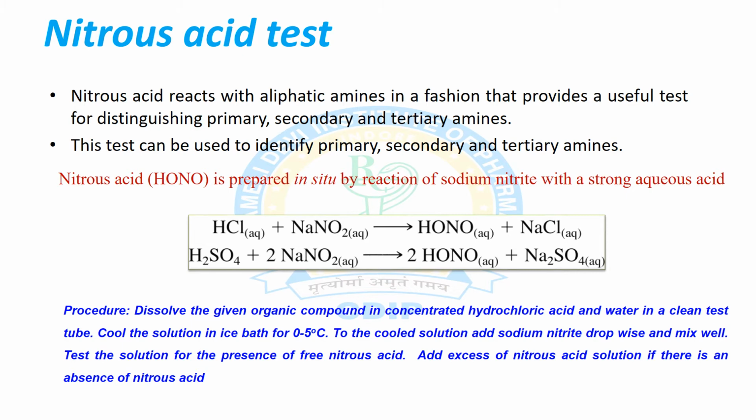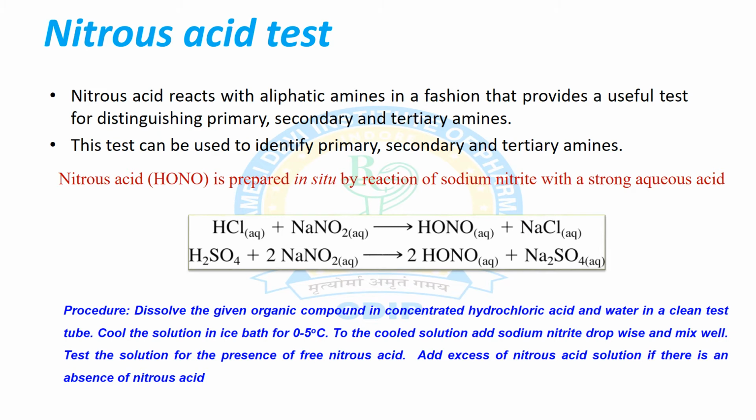So here in the procedure, dissolve the given organic compound in concentrated acid like HCl and water in a clean test tube. Cool the solution in an ice bath at 0 to 5 degrees centigrade. To the cooled solution, add sodium nitrite dropwise and mix well.